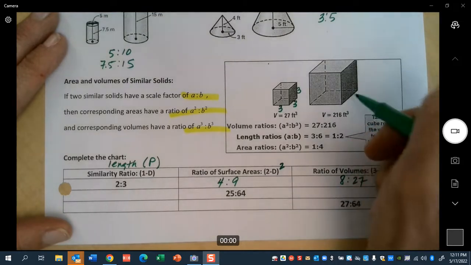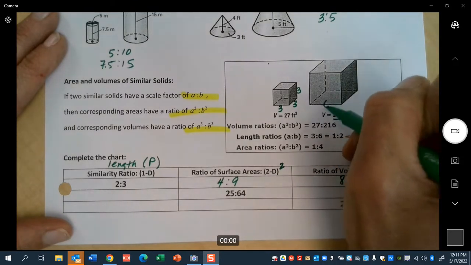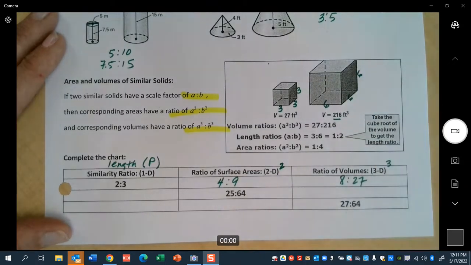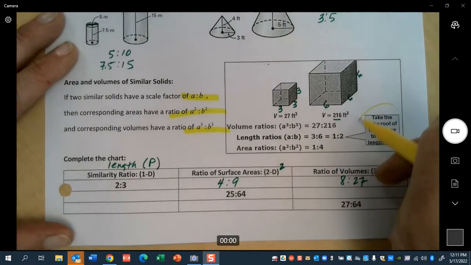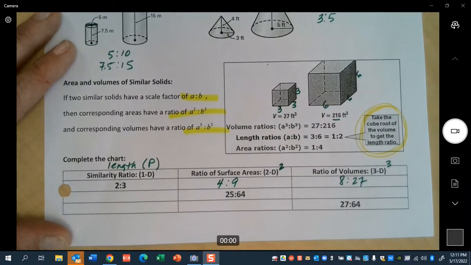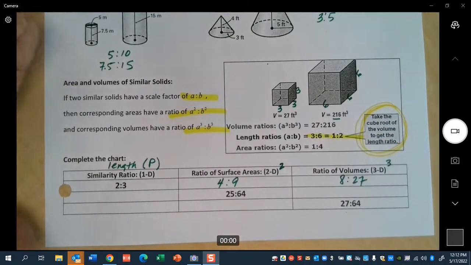And I know that the volume of 216 was a 6 by 6 by 6 cube. How did I get those numbers? I took the cube root of the volume to get the length ratio. So I know that I have a 3 to 6, or a 1 to 2 ratio.